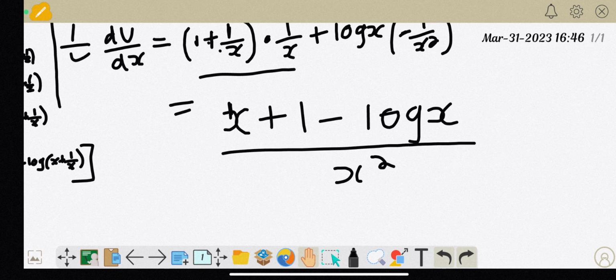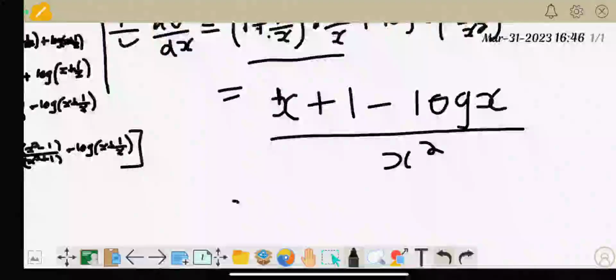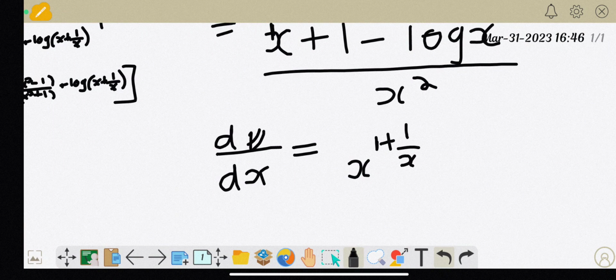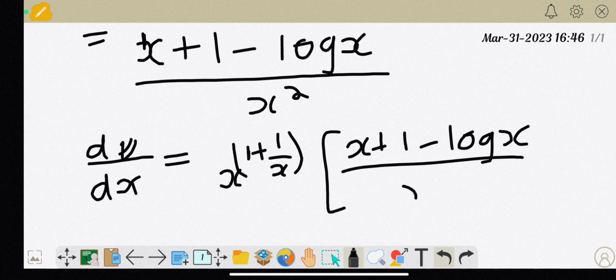So therefore dv by dx, so v is there, no? You have to send it to the other side, right hand side. So what will you get? dv by dx is equal to, what was our v, x to the power 1 plus 1 by x, correct, into the whole term we got just now, x plus 1 minus log x by x square.